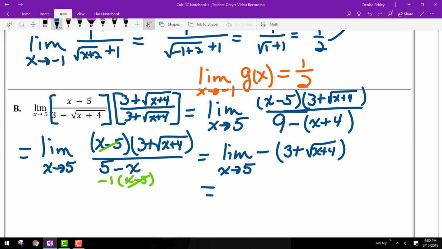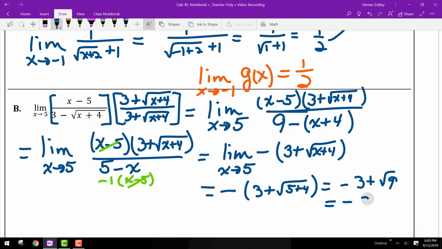Now we can direct substitute, so we get negative 3 plus the square root of 5 plus 4. This becomes negative 3 plus the square root of 9. This whole thing is negative, sorry, forgot that. 3 plus 3, so we get negative 6 for our answer for this second one.